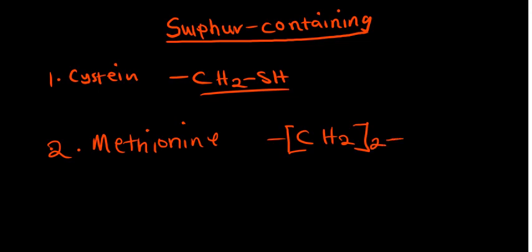Next thing we have CH3. So this one has got sulfur in the structure, but it's not polar because of the CH3 and the S. They can't form hydrogen bonds with water. So let's go to the next amino acids.